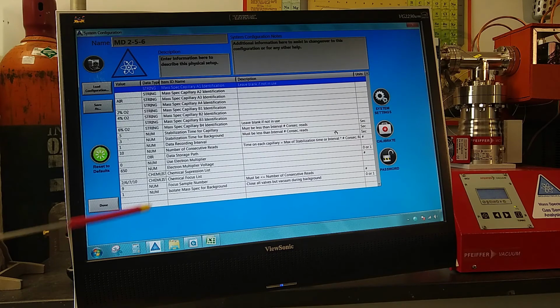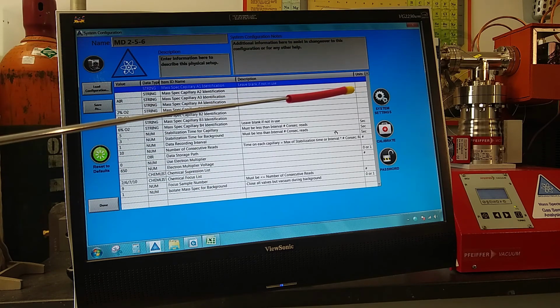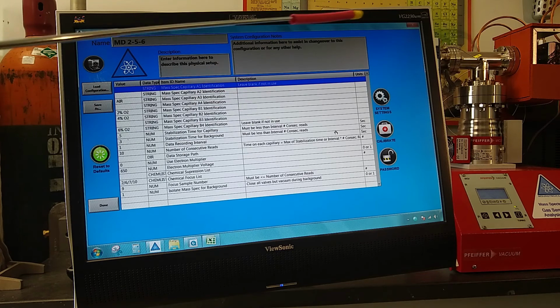Okay, so here we are with our setup screen for our mass spec control. This screen configures the mass spectrometer itself. It configures the inlet system, which capillaries are sampling.